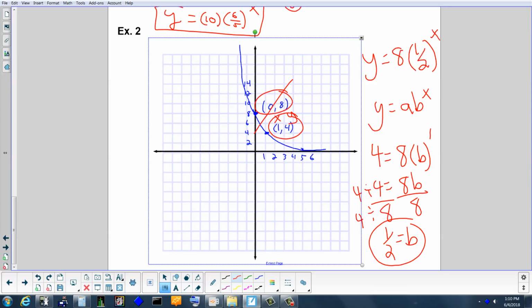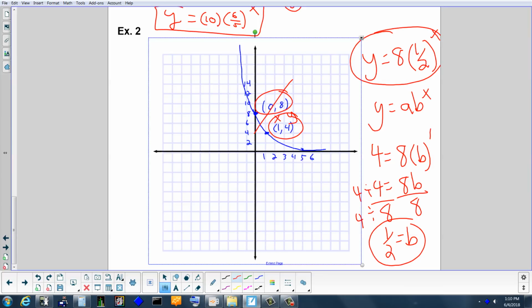Now, we didn't do it at the beginning, which we should have. I forgot that part. Because it's going to ask us whether it's growth or decay. If I didn't see this graph and only had that function, what would it be? Growth or decay? Decay. Why is it decay?